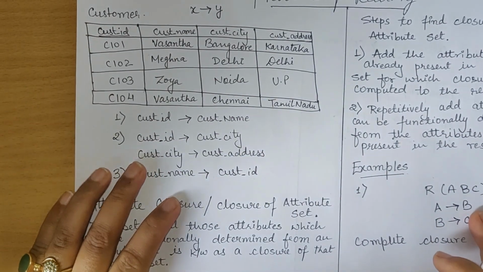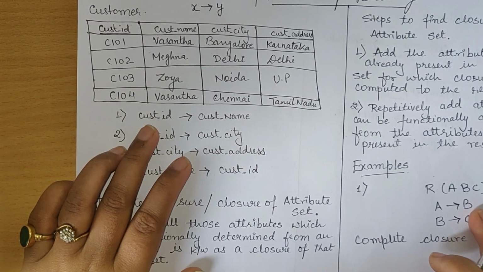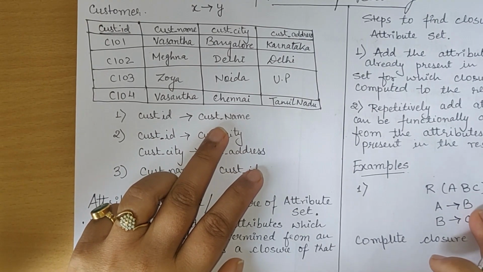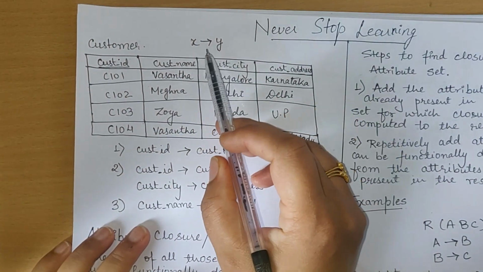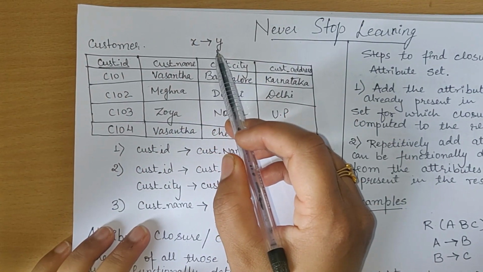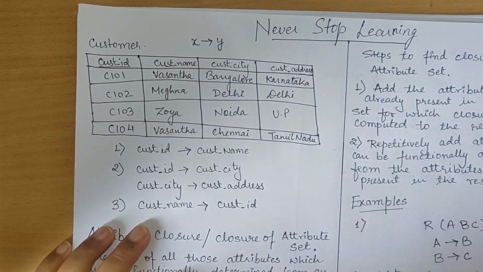What is the determinant here? Determinant is customer ID. What is the dependent? Dependent is customer name. And if there is a condition like this, that x determines y, then x should uniquely determine y, then only the functional dependency holds.